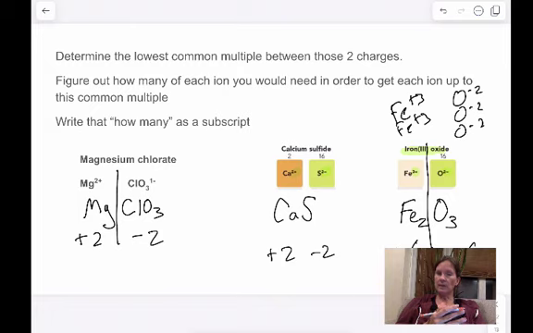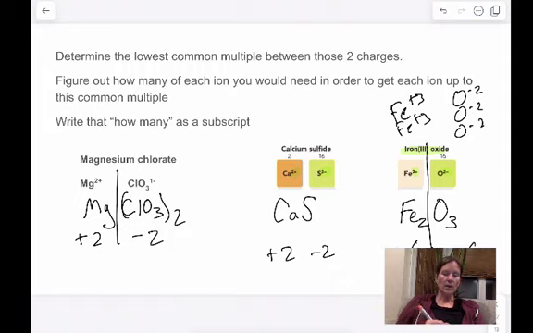Now here's something that's slightly weird. If I just put a 2 next to chlorate, that would look like I needed 32 chlorates, and that doesn't work because I only need 2 chlorates. This is where we end up using parentheses. Putting parentheses around that chlorate, I can say I need 2 of that whole grouping.